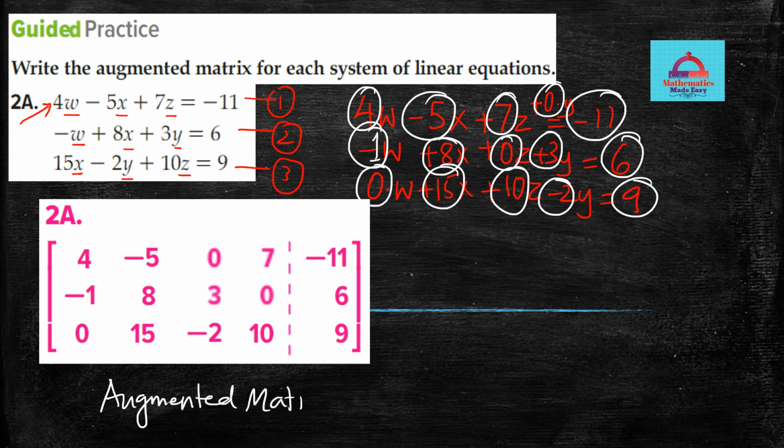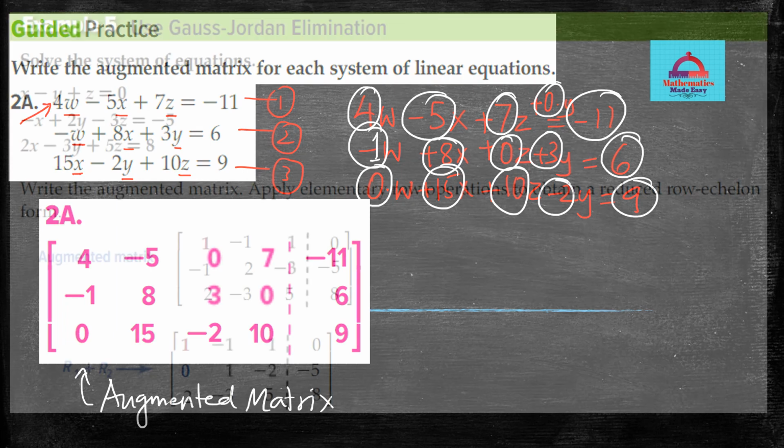I hope you understood how to write it, and now you are ready to solve some questions on Gauss-Jordan elimination. Let me first show you a solved example, and then together we will solve a question on Gauss-Jordan elimination.